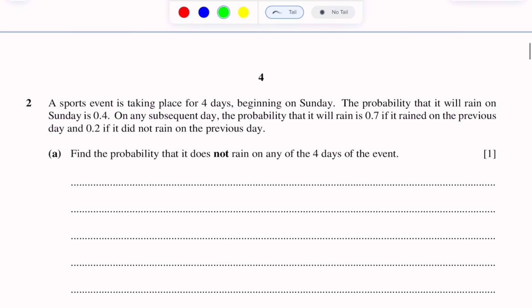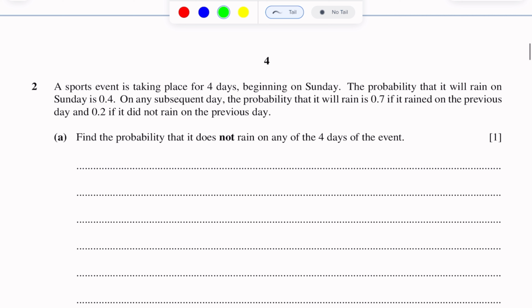Read the statement of the question carefully. A sports event is taking place 4 days beginning on Sunday. The probability that it will rain on Sunday is 0.4.